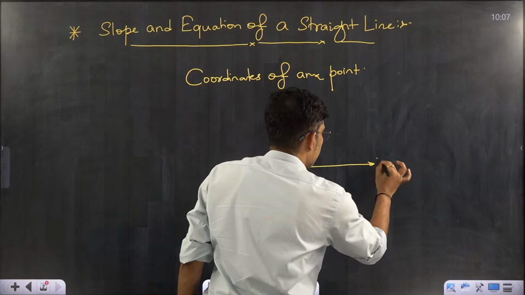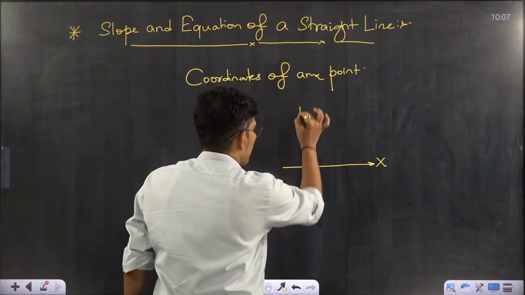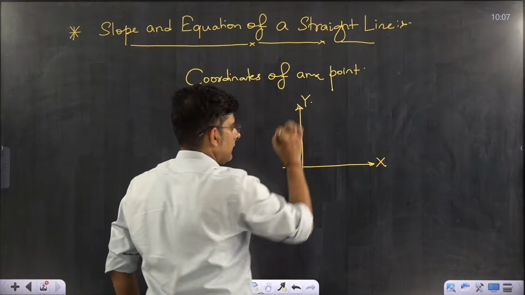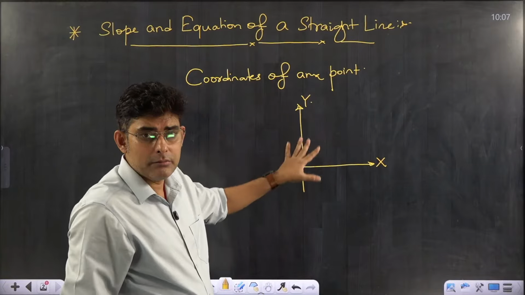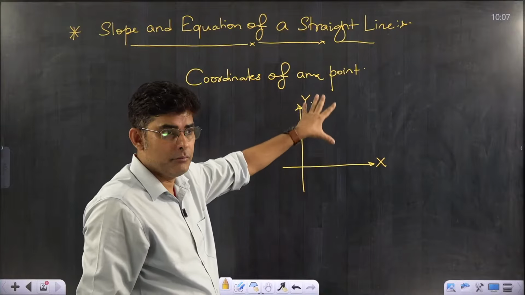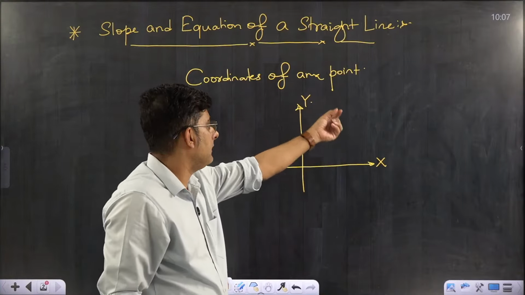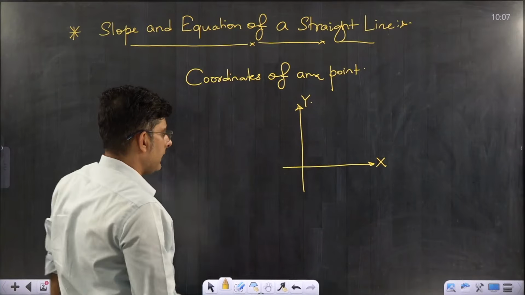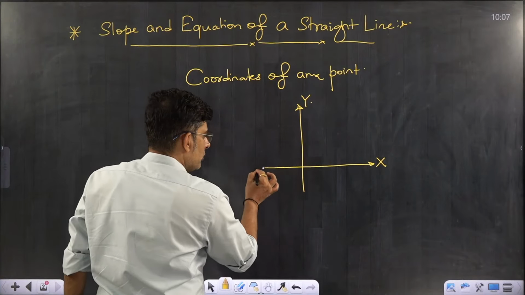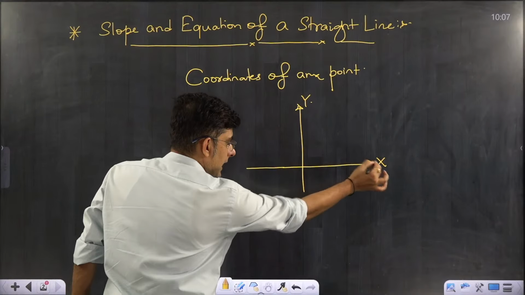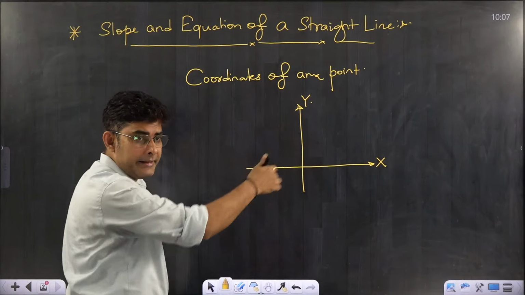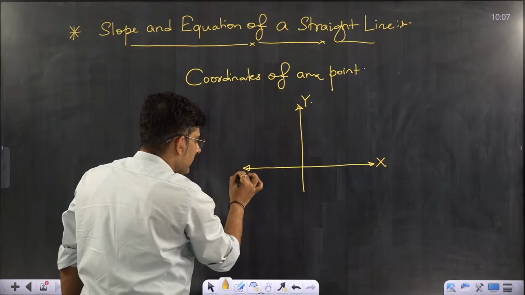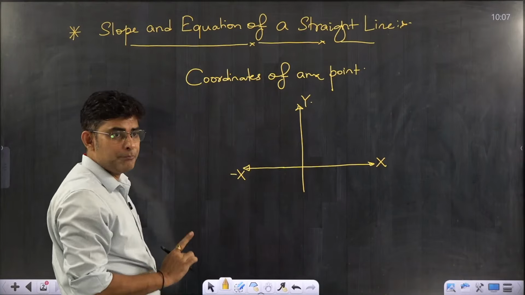When we take x and y axis, then whatever lies on this will be called as lying on a plane. So if we take x and y axis like this, when you select one direction as x axis, say towards the right, then the left side we take as minus x axis.